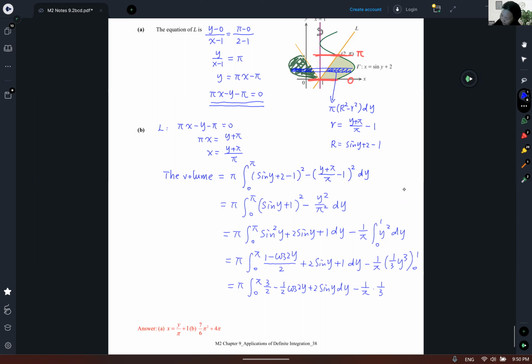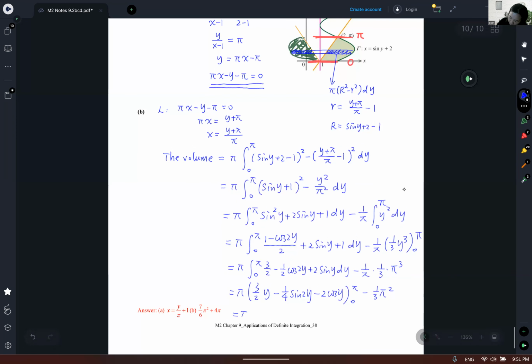Yeah, it's from 0 to π. What I'm thinking, it's from 0 to π. Oh.